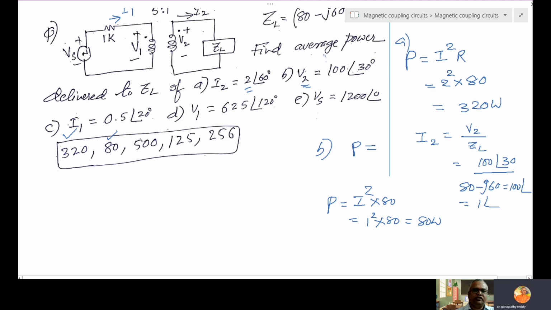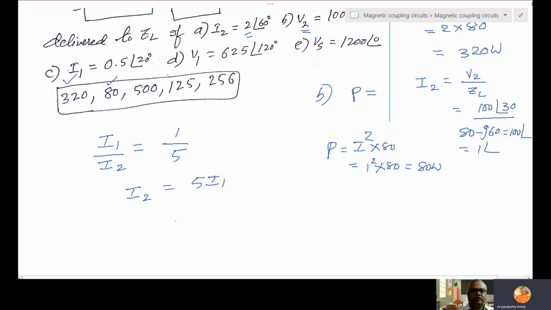Then the C bit, I1 is given. If I1 is given, first find I2. I1 by I2 is equal to 1 by 5, so I2 is 5 into I1.